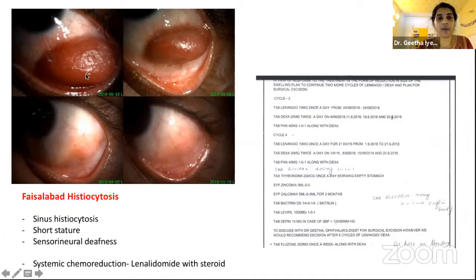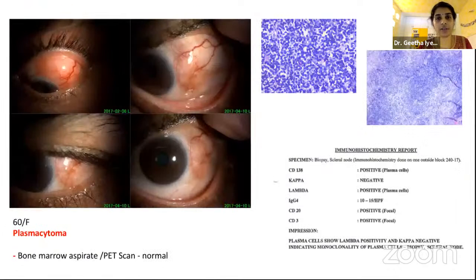And I was told by the hemato-oncologist that they've started the patient on chemotherapy, and I was waiting, assuming that I would have to go ahead with a surgical excision after chemo reduction, but the lesion just disappeared completely on chemo, and I didn't have to do anything for this patient. But again, it goes to show how important histopathology is in these eyes.